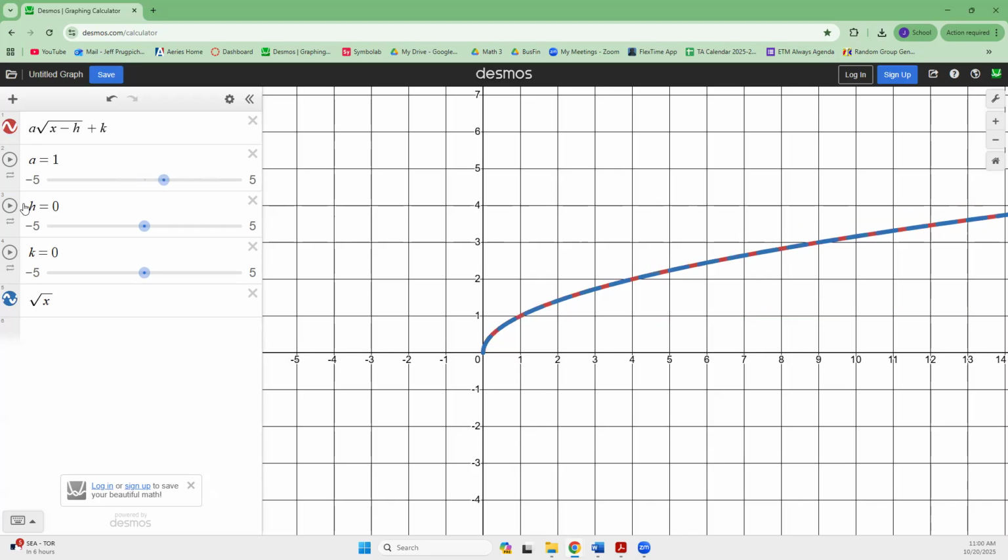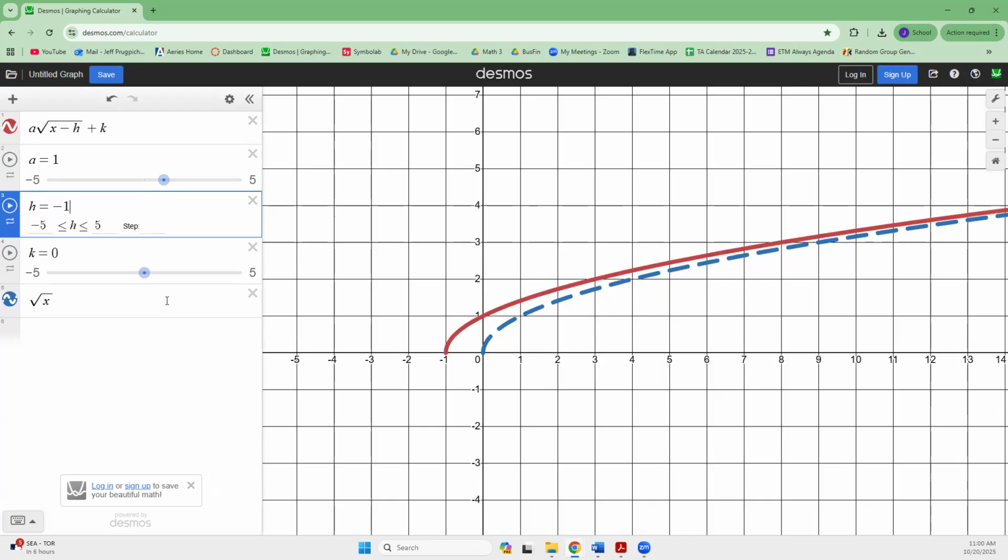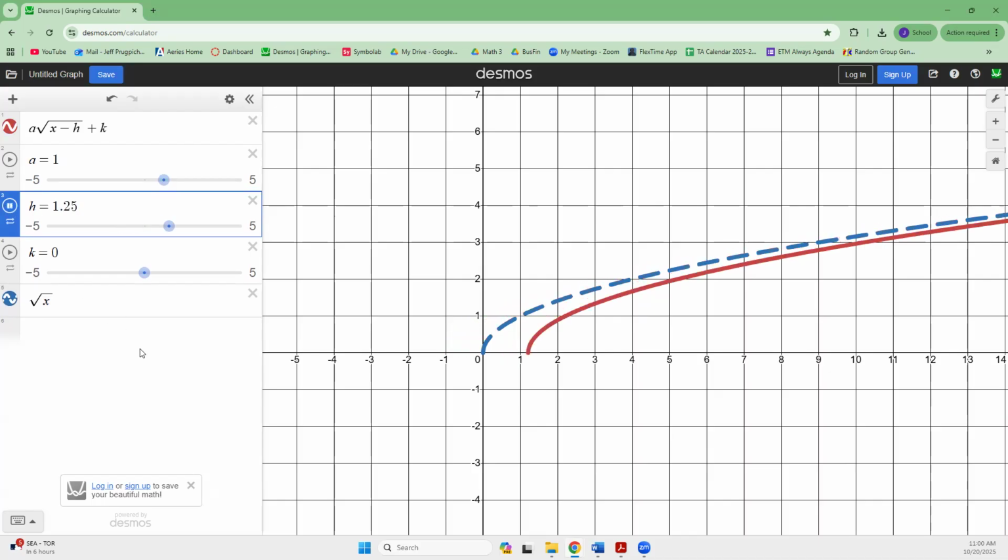Now h. What happens if you have square root of x minus 2, or x minus 3, or x minus -1, which would be x plus 1? You can see that as h varies, the graph slides left and right. So this is a horizontal translation.